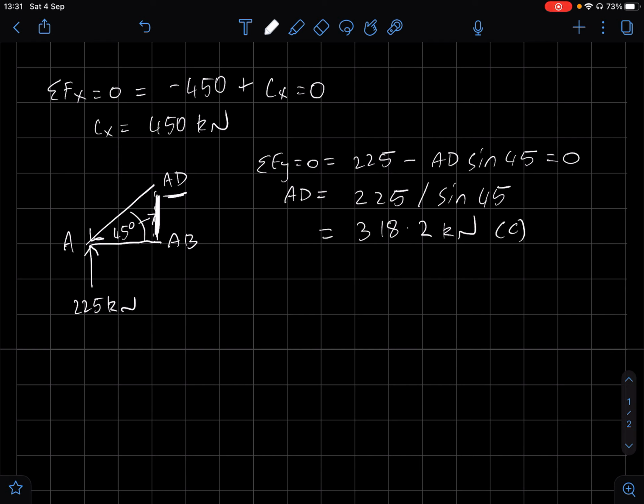Compression. So that leaves us with AB as our last unknown. Sum of the forces in the X equals 0, so it's going to be the X component of AD, isn't it? So that's going to be, I'm assuming, in the negative direction, because this member here is going like that, it's going to have this X component that we need to calculate.